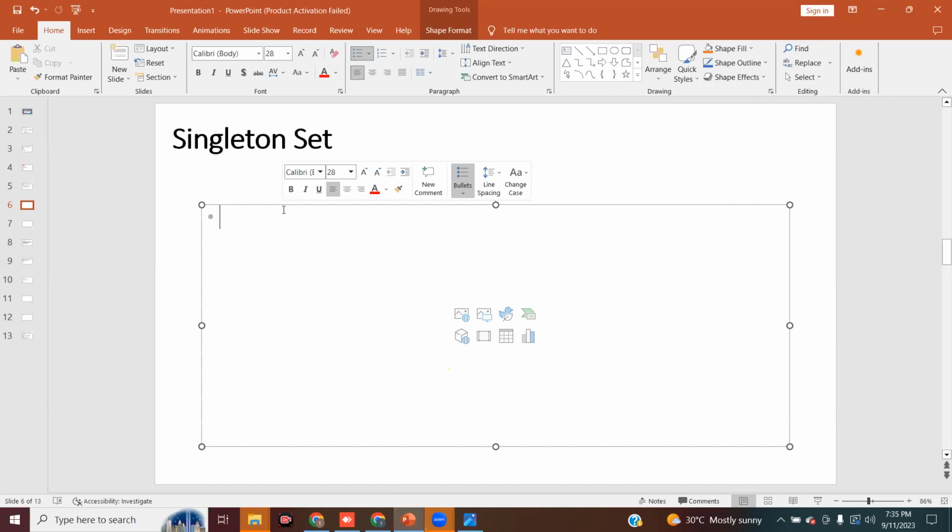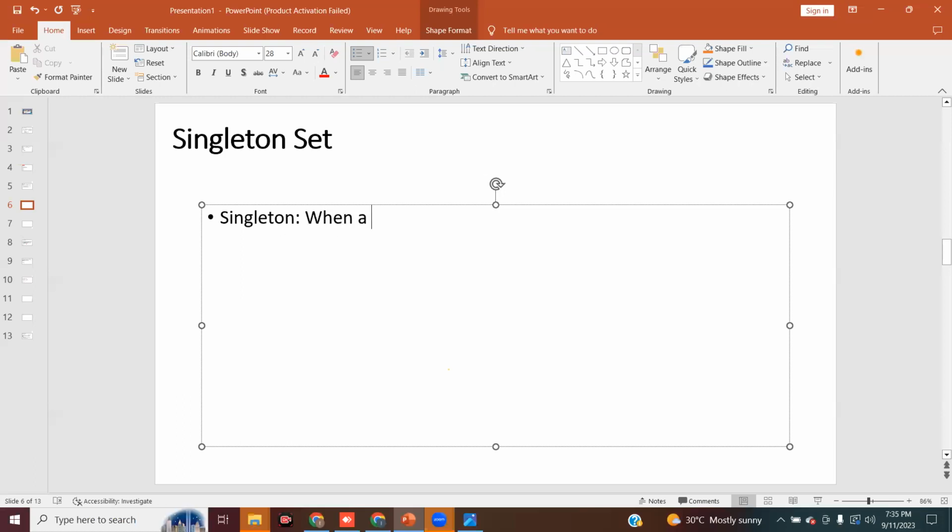Yes, sir. Okay, singleton set. When a set only has one element, it is known as a singleton set.